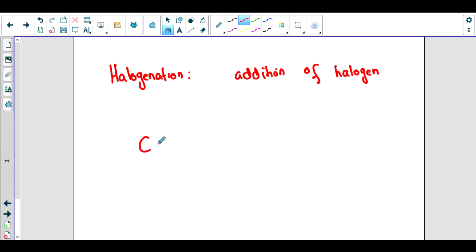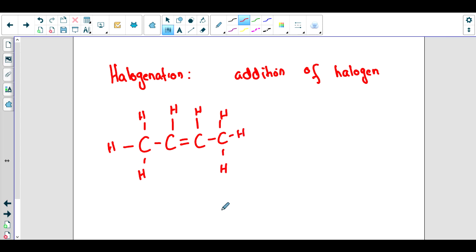We have carbon bonded with carbon, double bond with carbon, double bond with carbon. Put the hydrogens: 4, 5, 6, 7, 8, and here again we have 3. If you draw like this, you will never make a mistake. If you want details of how I draw this, you should look at the previous videos.